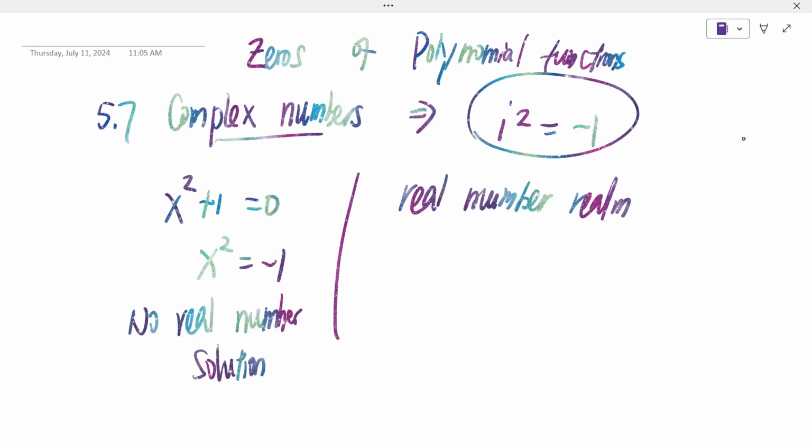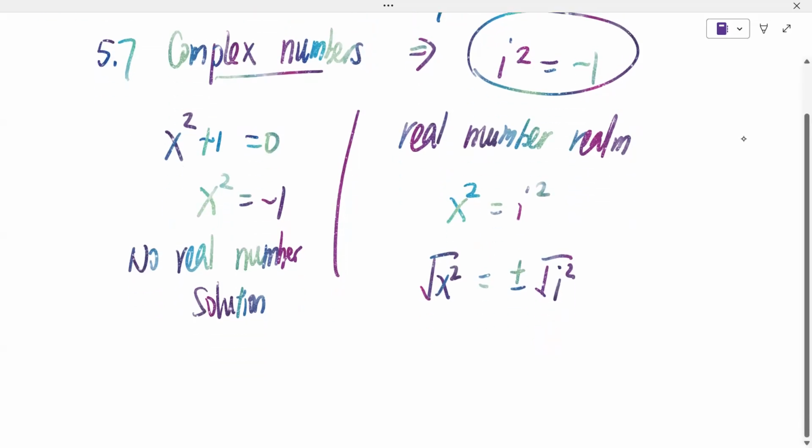However, once people discovered this complex system and complex numbers, now actually there's a solution, because -1 is equal to i squared. So basically we've got x squared equal to i squared. Now if you take the square root on both sides of the equation, then we come out with plus or minus the radical of i squared.